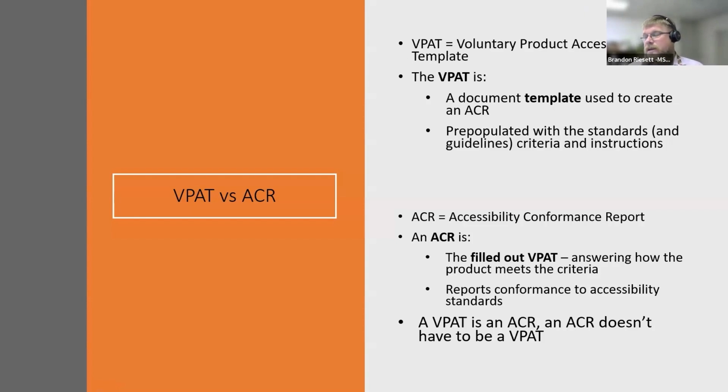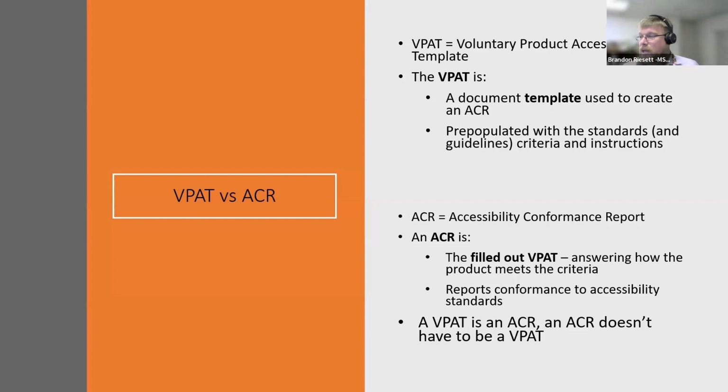The document, the VPAT, is used to actually create the ACR, or Accessibility Conformance Report. The VPAT is a list of the standards with instructions on how to complete the actual template.